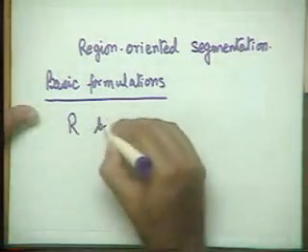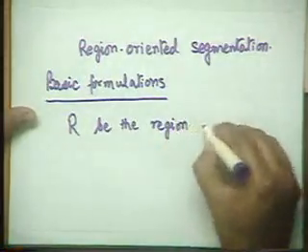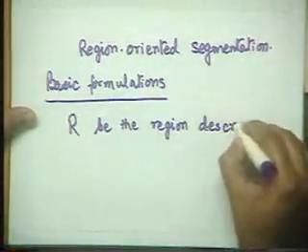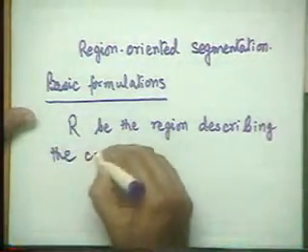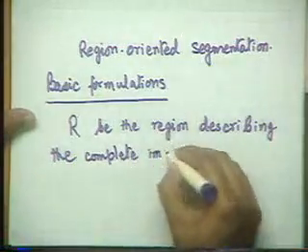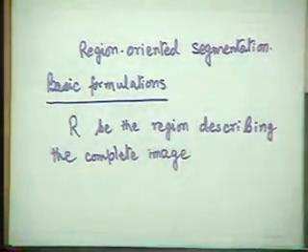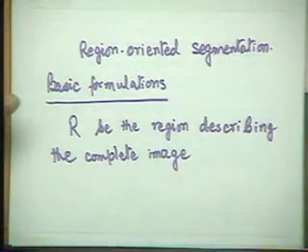Let R be the region describing the complete image. And let us segment this region into a number of smaller partitions, or rather segments of the image, and each of the segments is nothing but a smaller region.